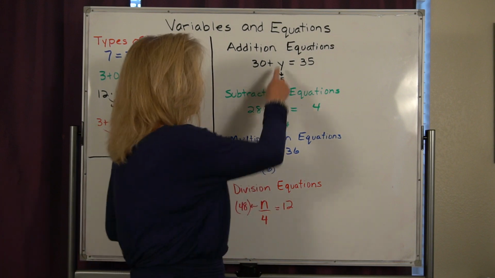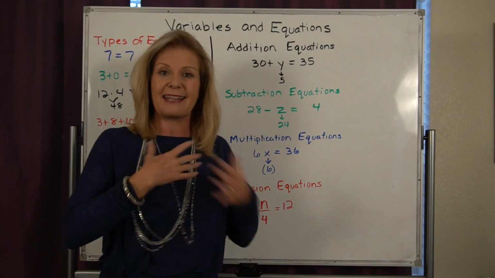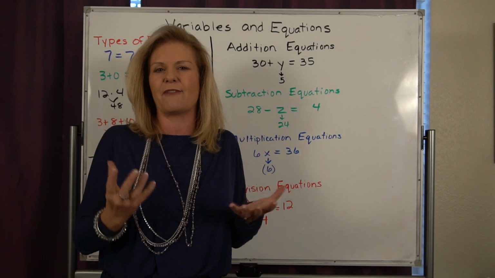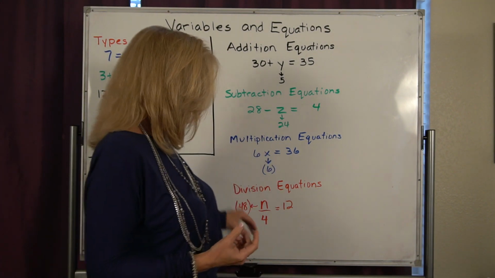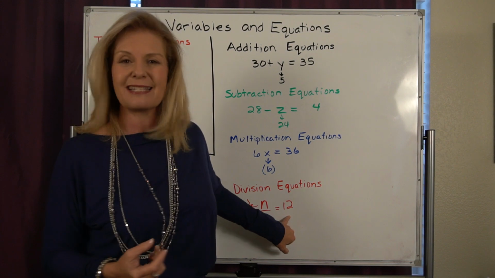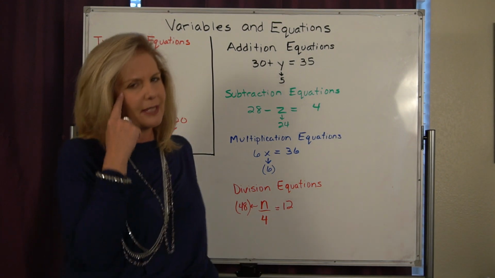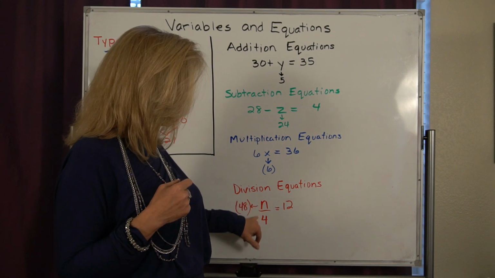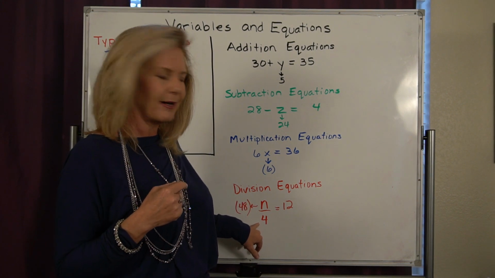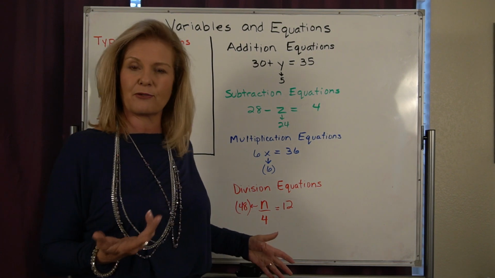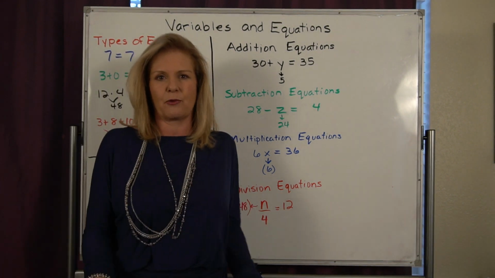Now notice my focus is the variable, because that's our job in algebra, is we want to figure out what that variable's value is. The last one, I know this side equals 12, therefore this side equals 12. So I have to think to myself, well, what number can I divide by 4 that's going to equal 12? Well, 48 divided by 4 equals 12, therefore n must equal 48.